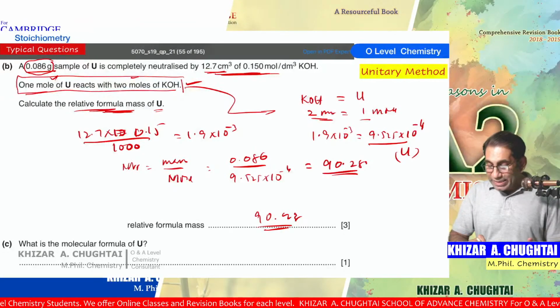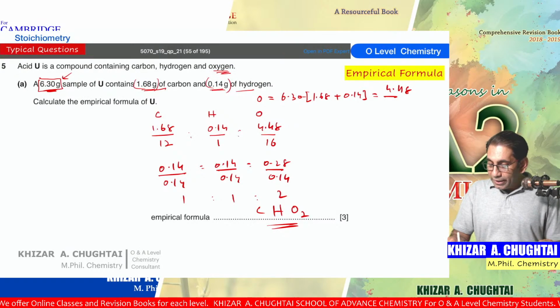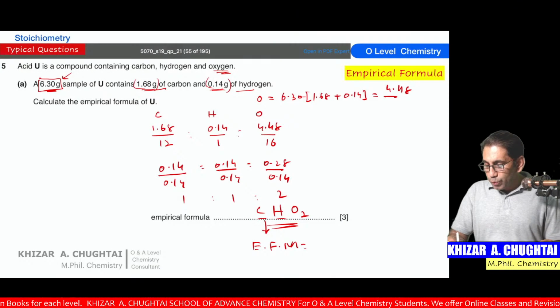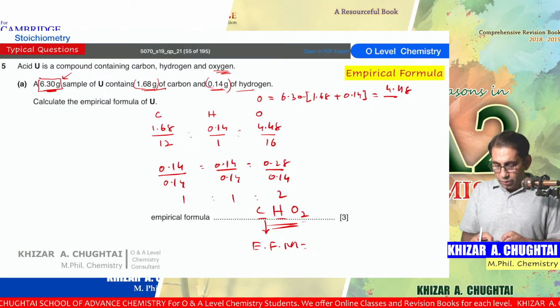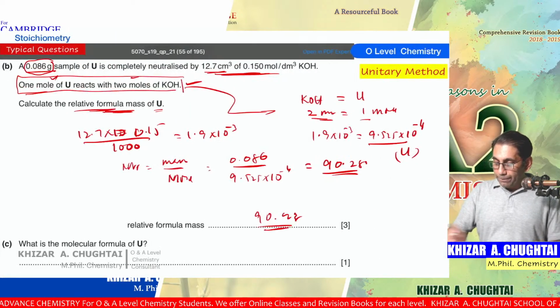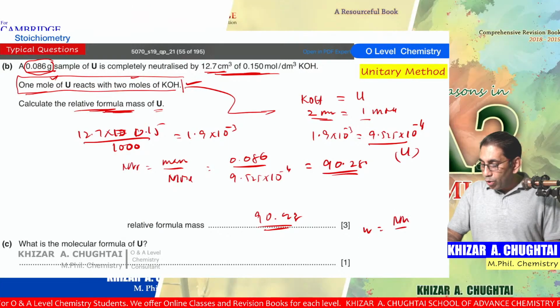He is asking to find the molecular formula. Once again, I'm going to repeat the previous step. First of all, I'm going to find the empirical formula mass: 12 plus 1 is 13, plus 32, the answer is 45. So n is equal to Mr over empirical formula mass.